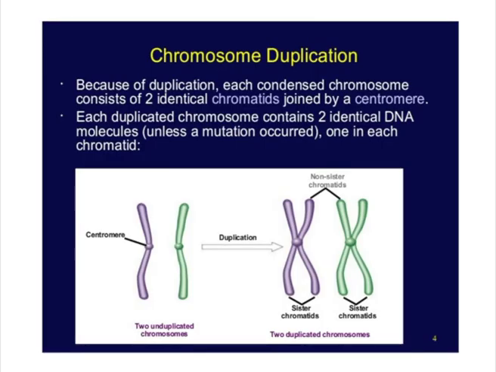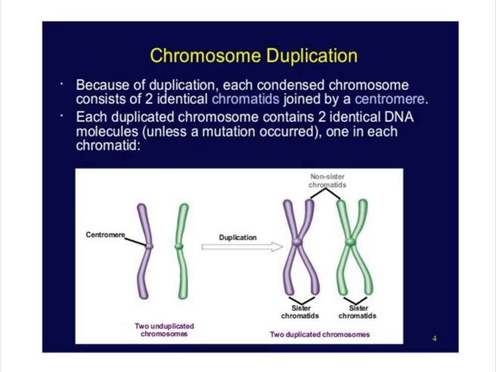What is chromosome duplication? In the chromosome structure, the centromere is there and two chromatids are there; this is a common chromosome. Because of the duplication, each condensed chromosome consists of two identical chromatids. In the structure of a chromosome you can observe the centromere in the middle and two arms, which are called the chromatids.